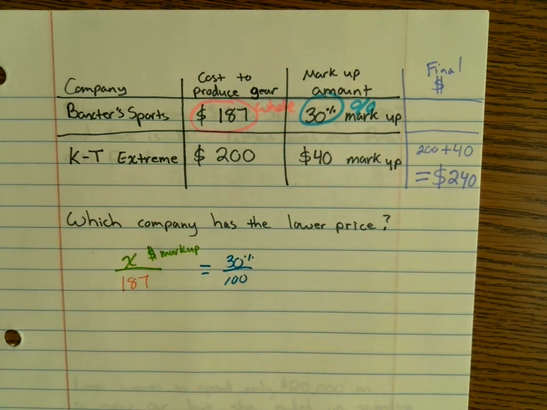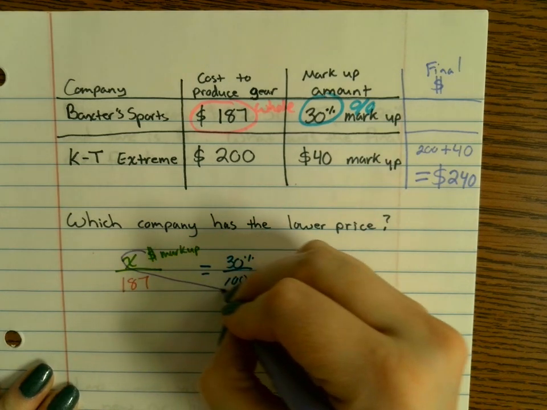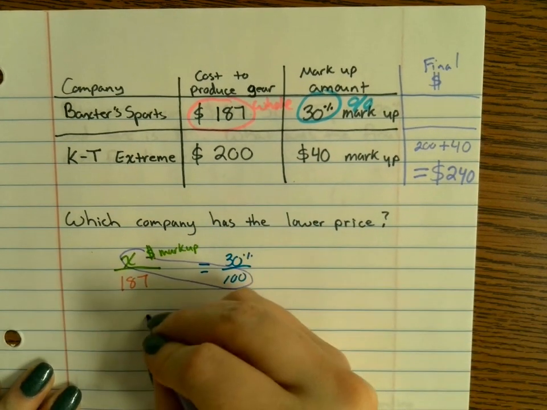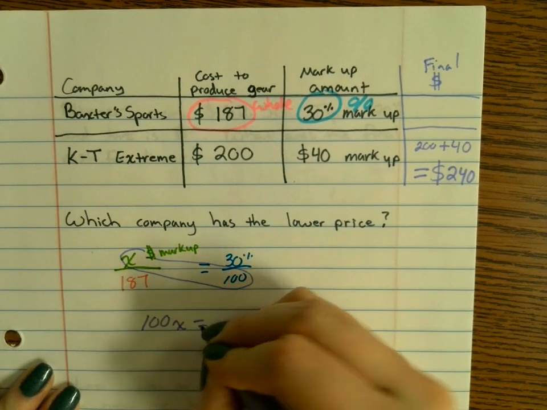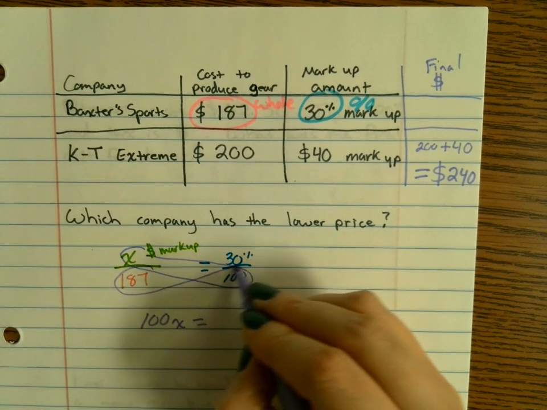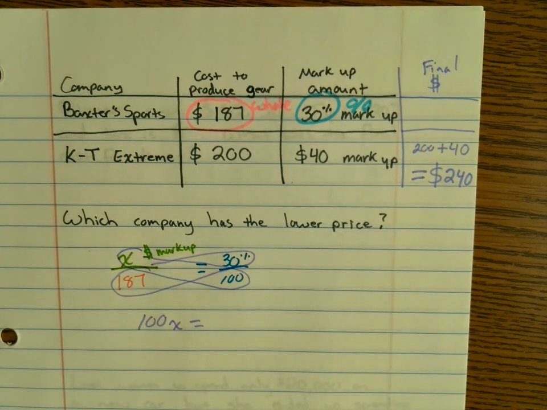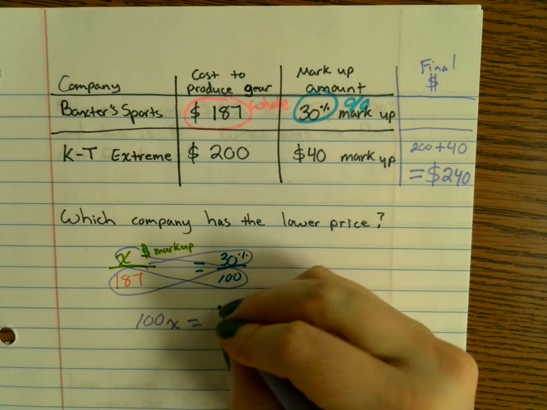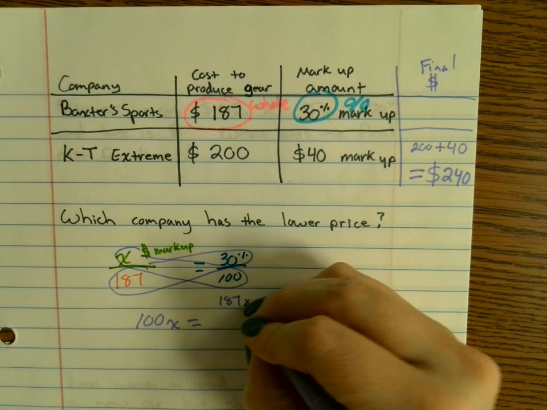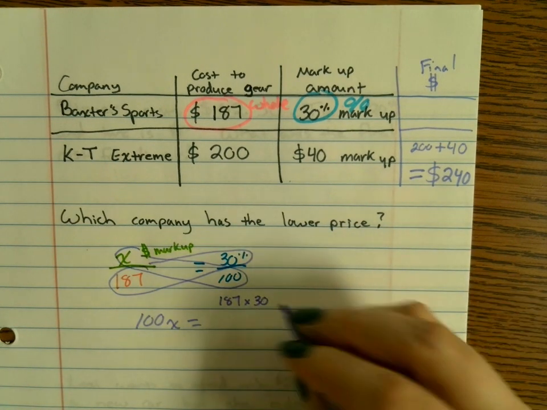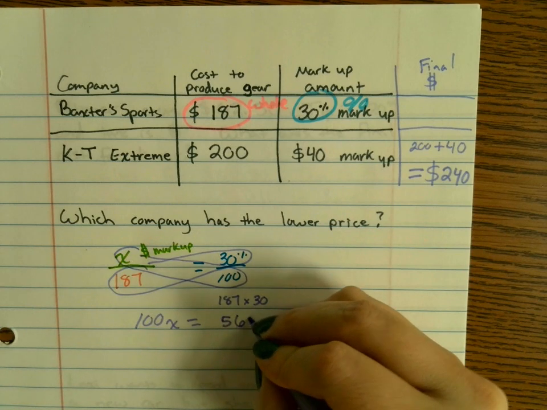Then we can go ahead and do our cross product. We multiply x times 100, which gives us 100x. Then we multiply 187 times 30, and that's going to give us 5,610.